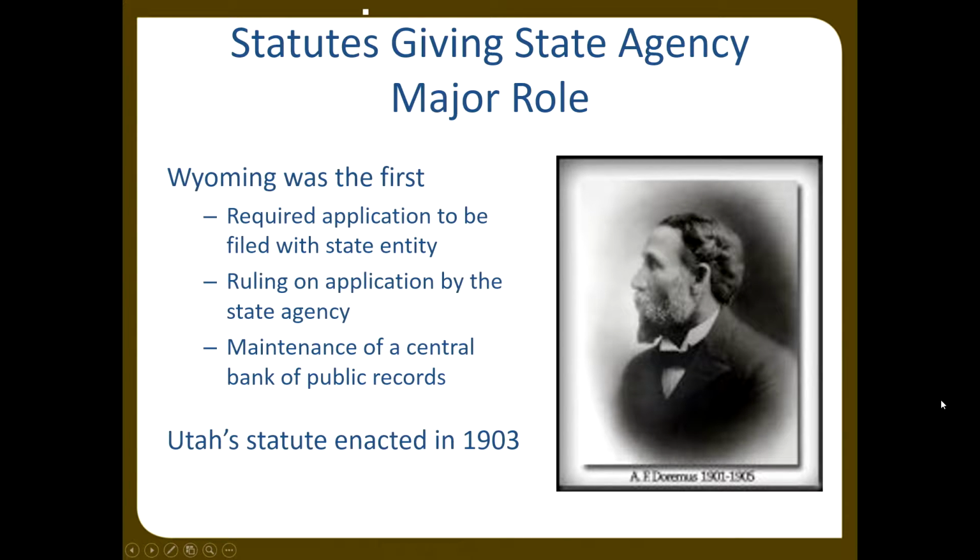And they had a maintenance of a central bank of public records. Utah statute wasn't enacted until 1903, and if my memory serves me correctly, Wyoming's was enacted in 1875. In 1903, the state engineer at that time was Albert Dormus. I don't know if I'm pronouncing his last name right, but he wasn't the first state engineer in Utah, but he was the state engineer when that statute was enacted.